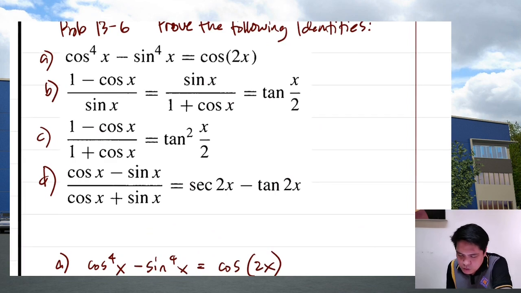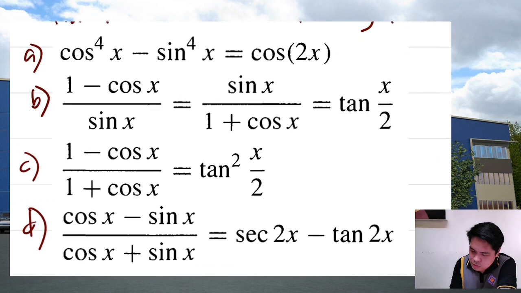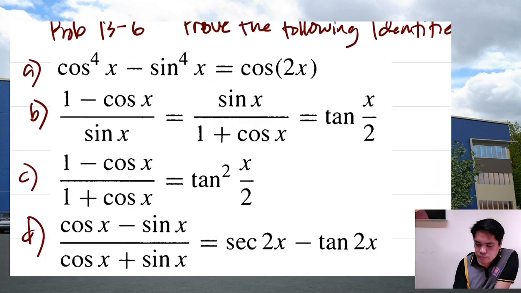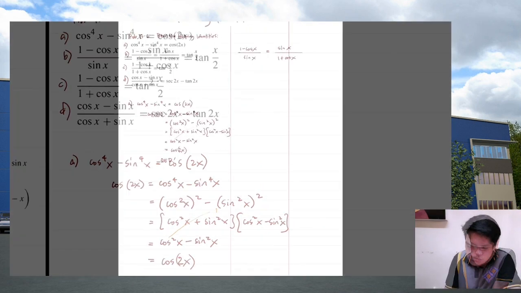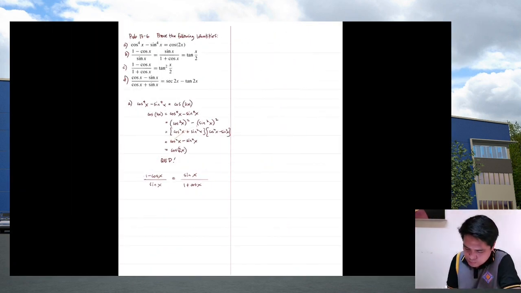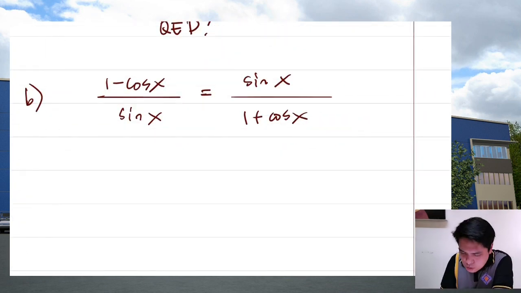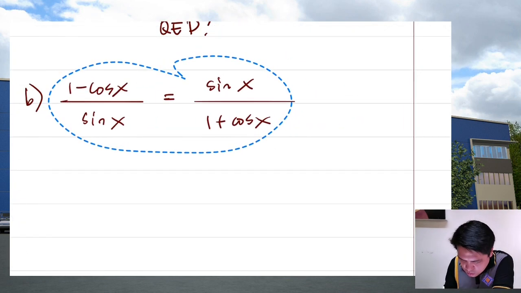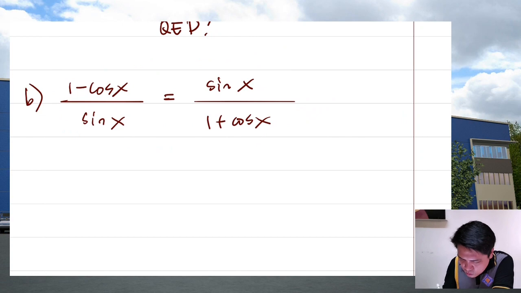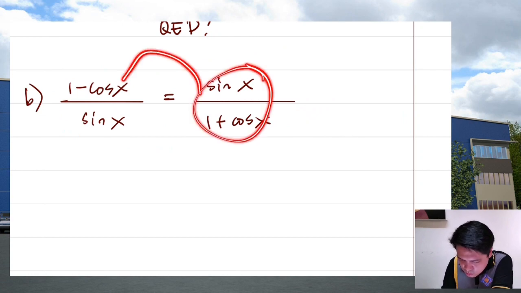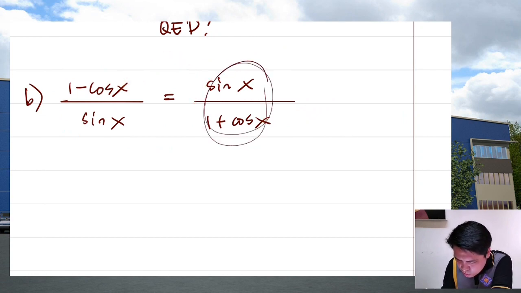Okay, how about letter B? Three-way kasi siya. You can prove this, or you can prove this, or you can prove this. Ganun. So, how do we do that? I'll just prove this first. Now, okay, let's proceed. If you want to change this na maging ganito, we need to manipulate this.